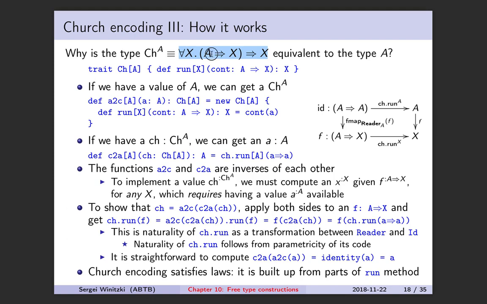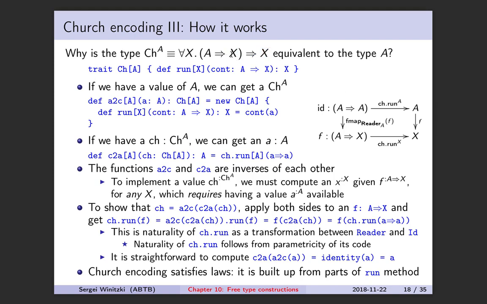Now, what if I had two different values of A? Well, the problem is I could only use one of these two values, because I'm supposed to produce this, which has a universally quantified x, and I'm not supposed to look at x. So this is supposed to be generic in x.